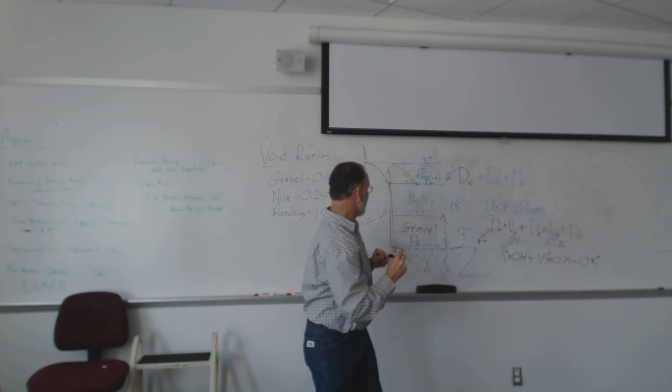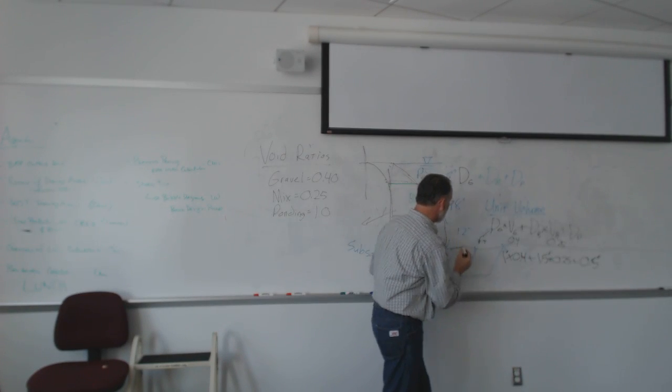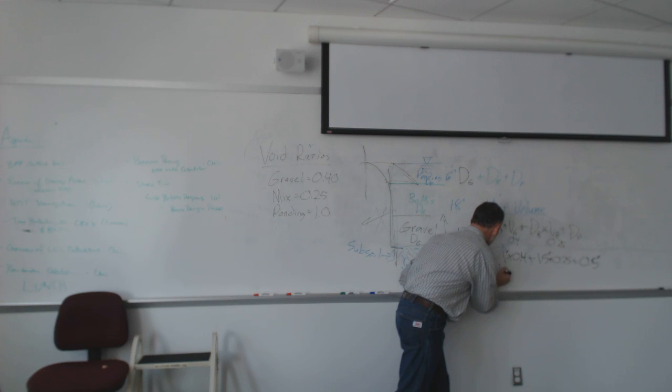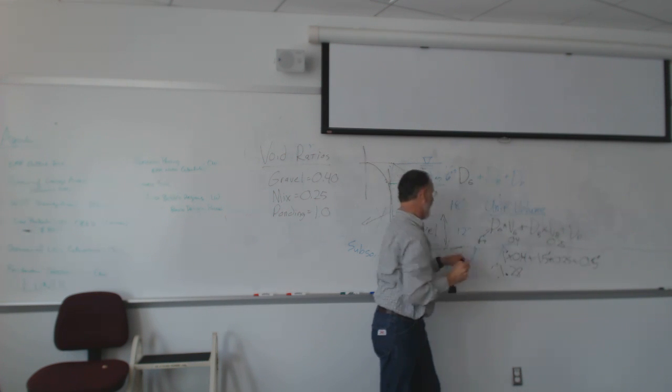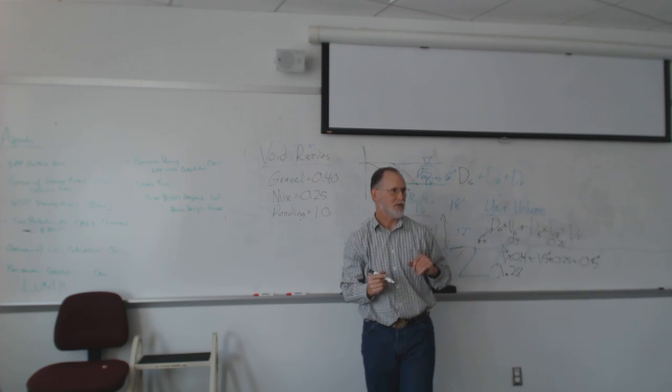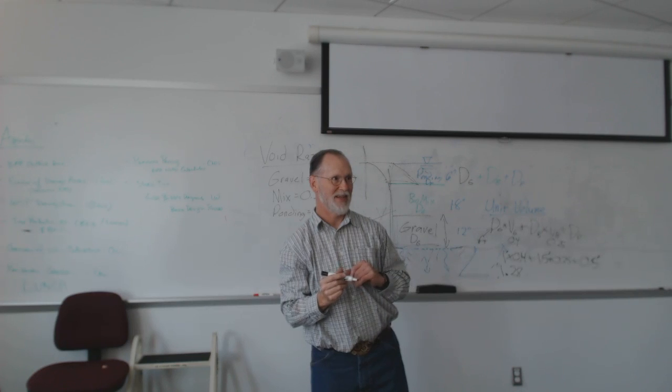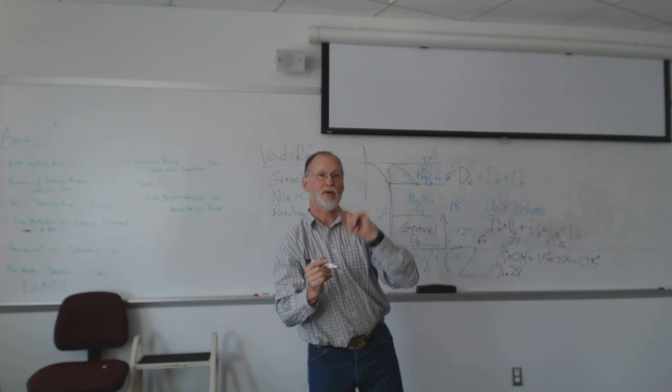So what do we get for our unit volume for this particular design? 1.28. And what would our units be for those of you unit-minded? Cubic feet per square foot.